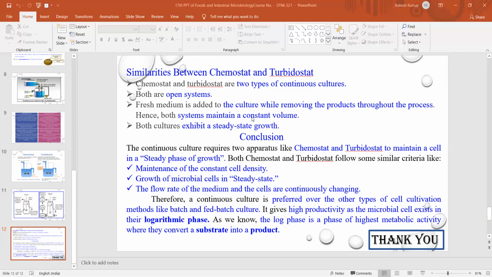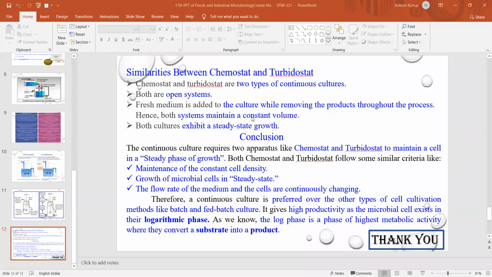So in the last, continuous culture requires two apparatus, like chemostat and turbidostat, to maintain cells in a steady phase of growth, and both methods follow some similar criteria like maintenance of constant cell density, growth of microbial cells in steady state, and the flow rate of the medium and the cells continuously changing.